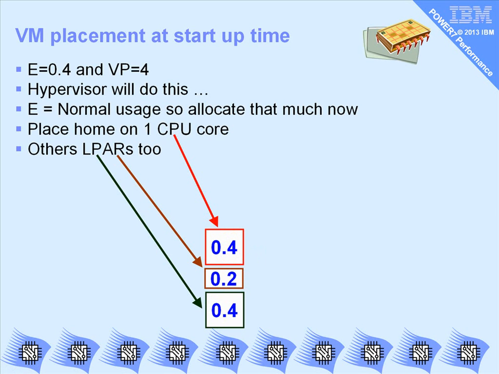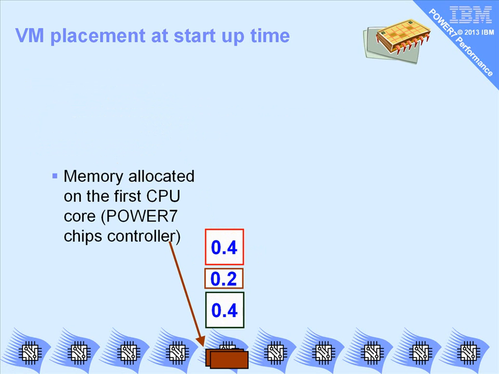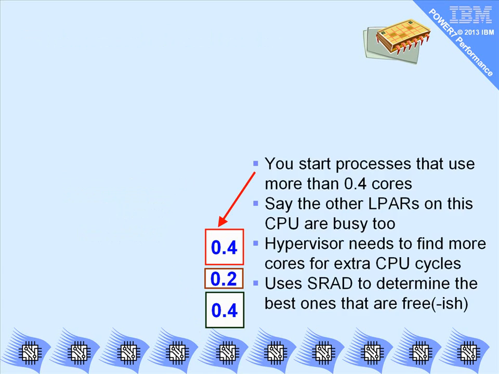It then makes a note that your VP is 4, but it doesn't know where it will be running those at the time. We'll have to work that out later on. It also says, okay, the memory for this logical partition, as this is our home CPU, then we'll allocate the memory there, and they've got nice local memory for our entitlement worth of CPU.